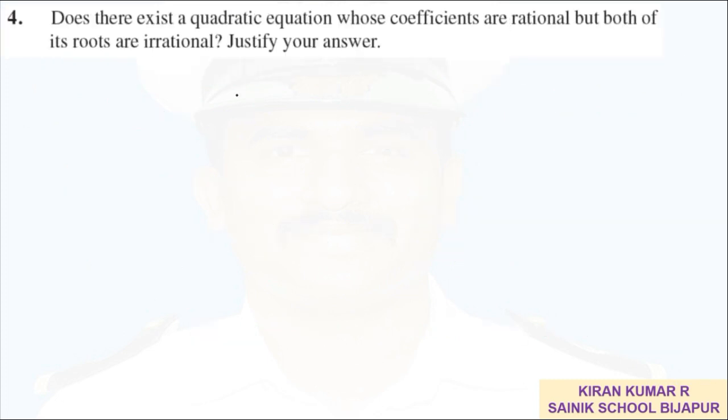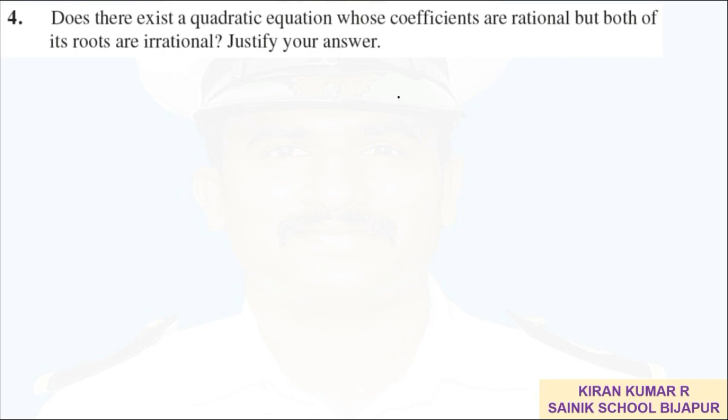Let's take up question 4. Does there exist a quadratic equation whose coefficients are rational but both of its roots are irrational? Justify your answer. We have quadratic equations wherein the coefficients are rational numbers and they have irrational roots.